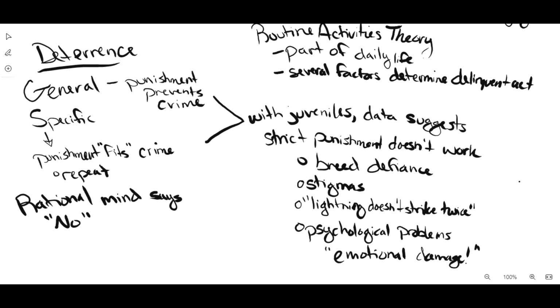To cite a meme, one of the other reasons why deterrence doesn't really work with juveniles is because they are developing minds. They're not fully formed, and so if something negative happens at this point in their development, there can be psychological problems.